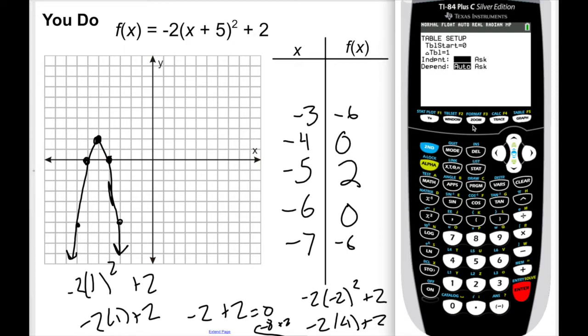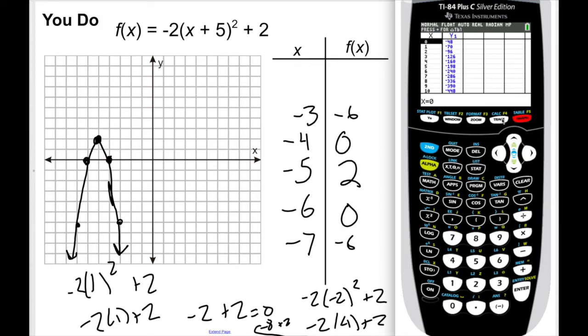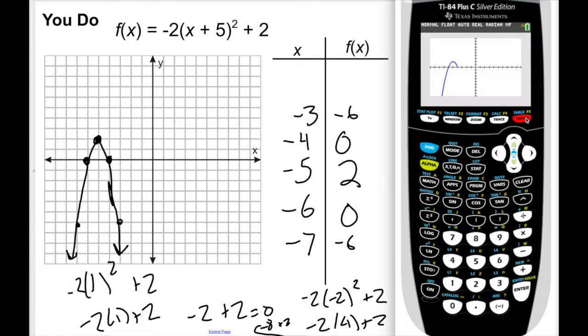So my independent is on auto. And notice now when I make my table, if I do second, table, oh, there's my graph. Nice, looks very much like mine.